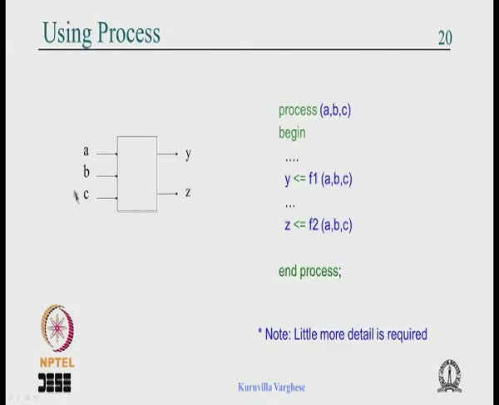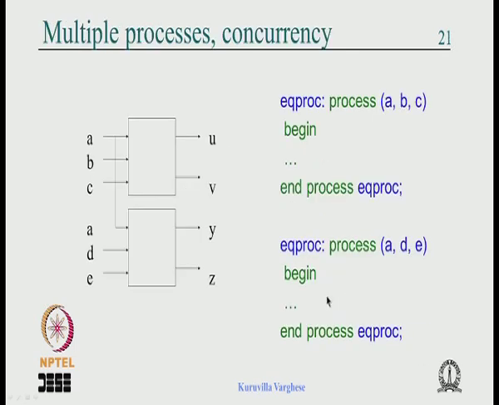You write the input signals in the sensitivity list and write the behavior using higher level constructs; a little more detail is there, we will handle it. Multiple processes are concurrent with each other, as with multiple concurrent statements. So that is about concurrency as far as the simulator is concerned. The synthesis tool looks at the code and tries to generate the circuit for the block.